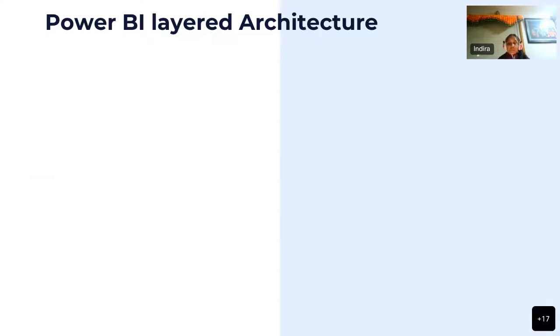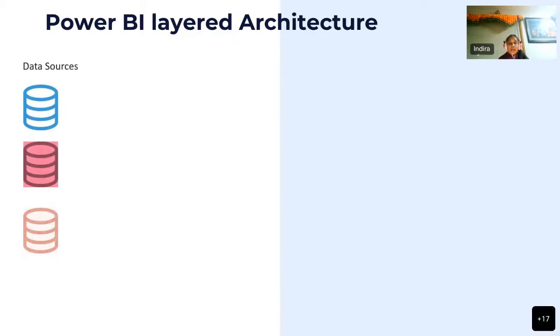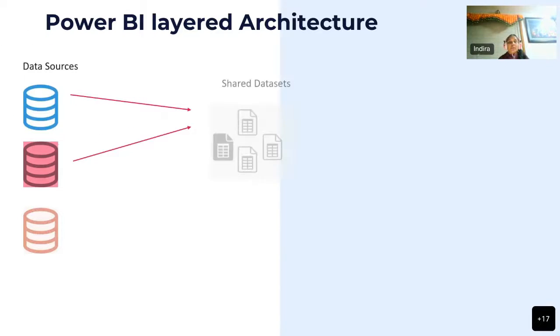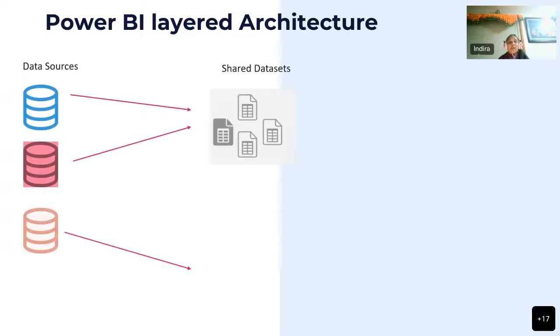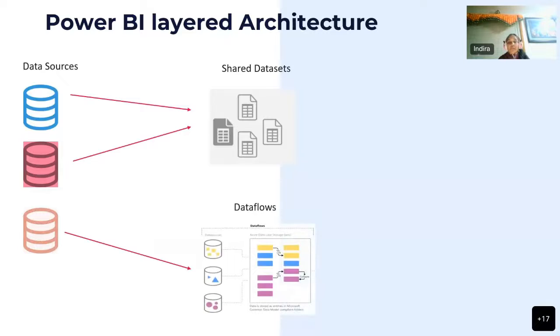If we look at the layered architecture, how it works is you have the data sources, and from the data sources you create shared data sets, and from some other sources or the same sources you can create data flows.